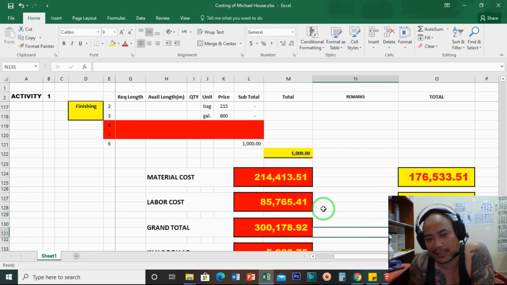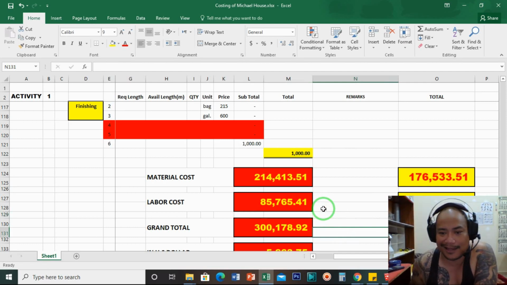The labor cost is 40% of the material cost, depending on the city right now. But I just put it here, 40%.